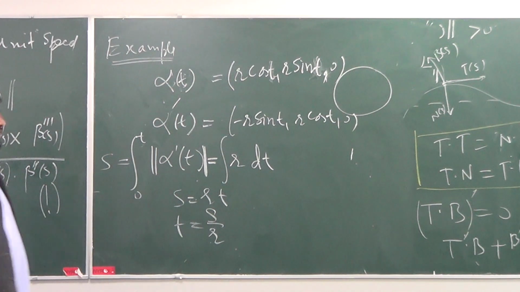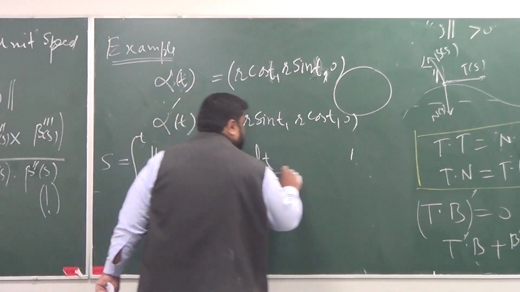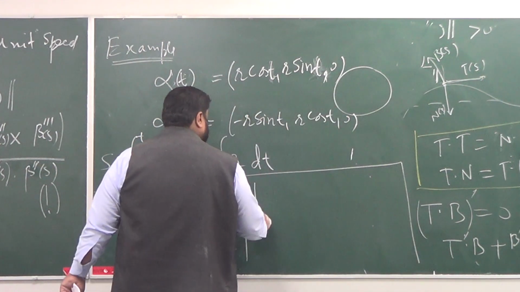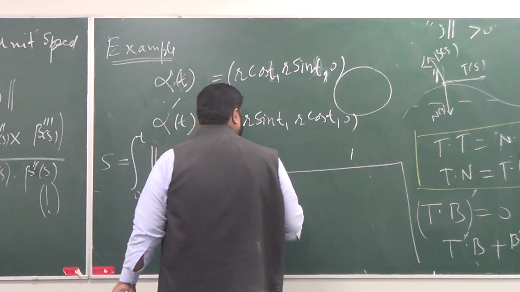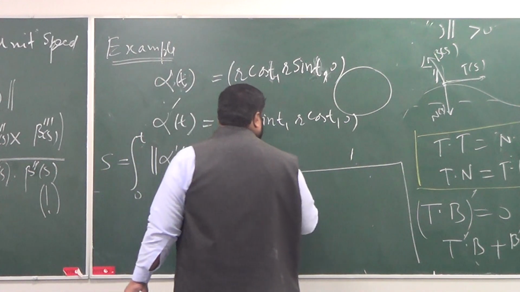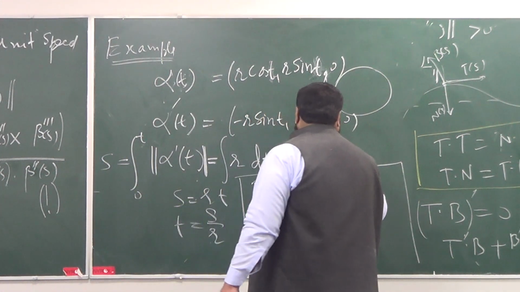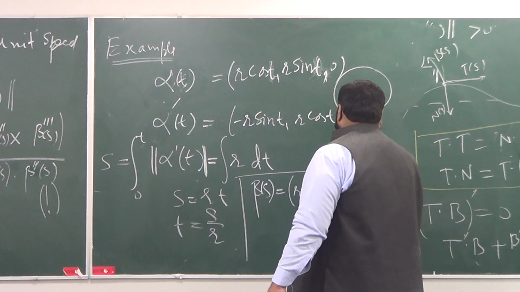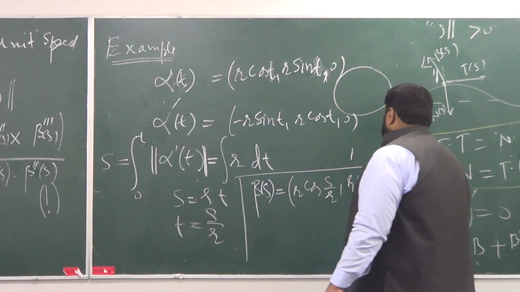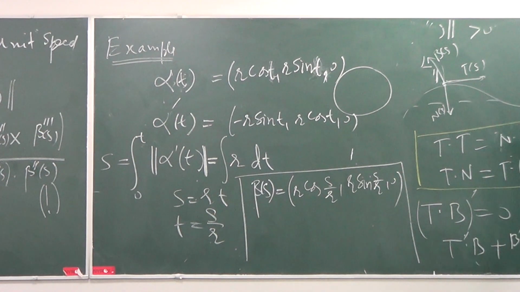So the unit speed parameterization of the circle is going to be r cos(s over r), r sin(s over r), and 0. This is going to be the unit speed parameterization.